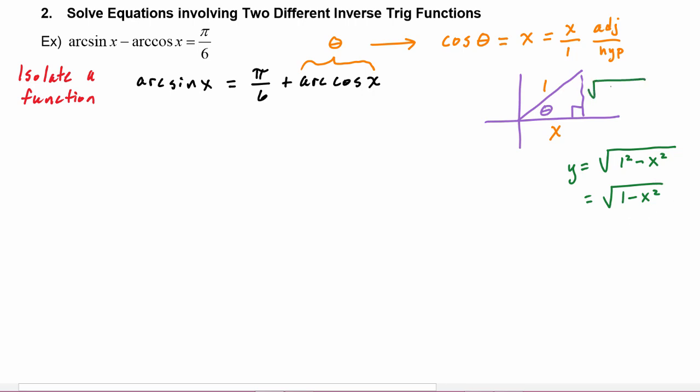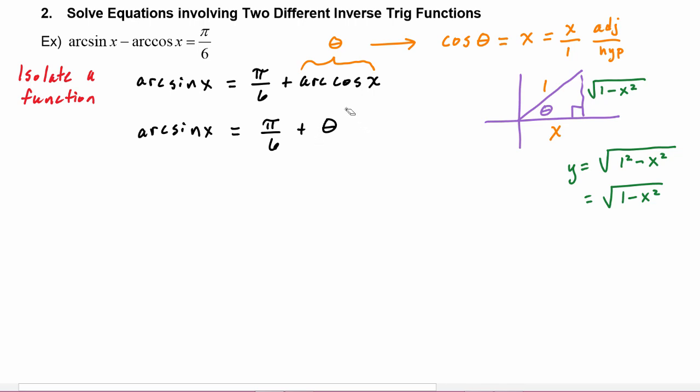So the y value is radical 1 minus x squared. So now our equation becomes arc sine of x is equal to pi over 6 plus theta.